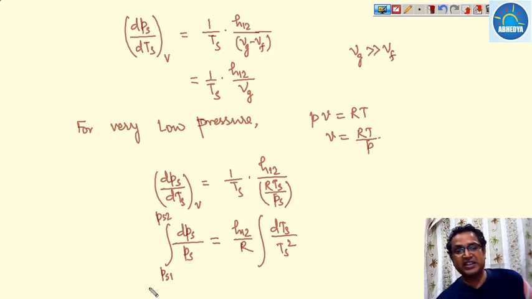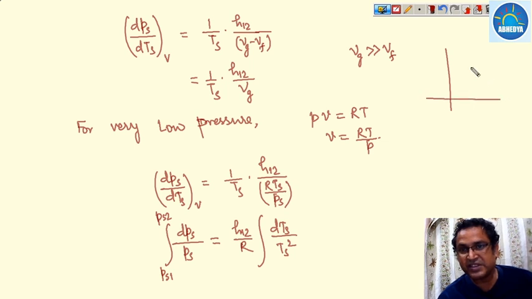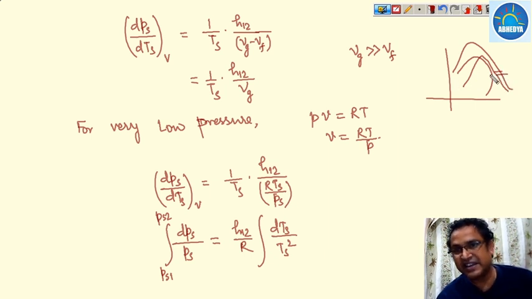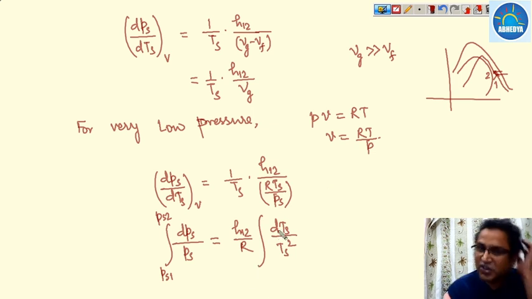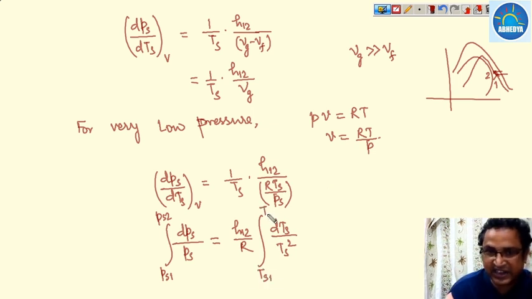Suppose this is your PV diagram. Here and here are the two states we are considering, the first state over here and the second state over here. Their saturation temperatures are respectively Ts1 and Ts2.